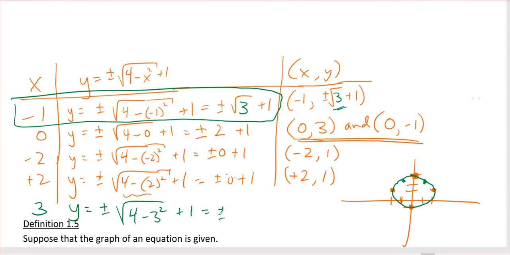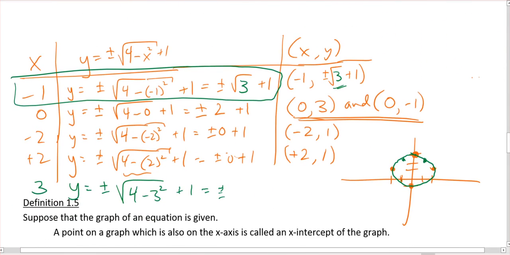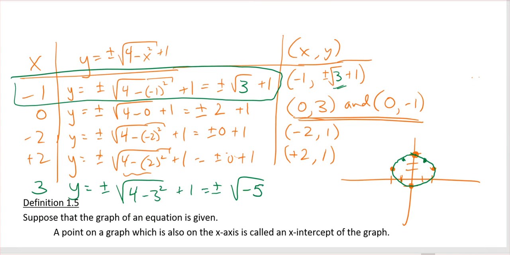So that's plus or minus, oops. All right, so that's plus or minus 4 minus 9 would be -5 plus 1. And now this is not real. So we want to avoid values that are going to give us numbers that are not real.